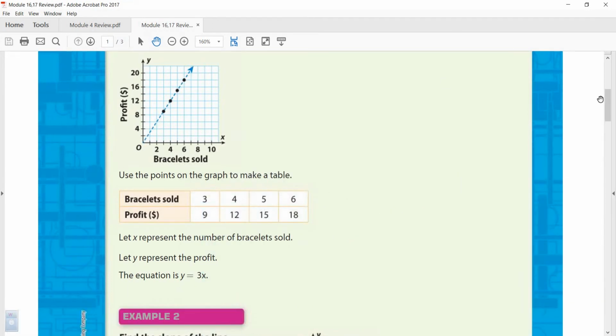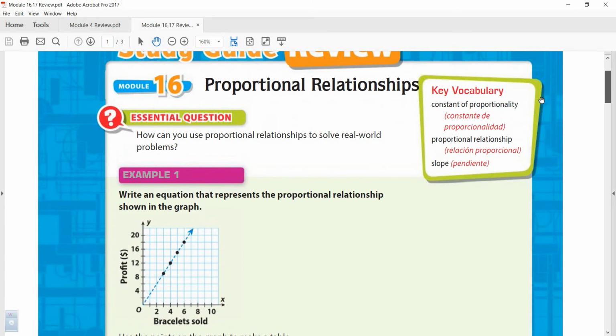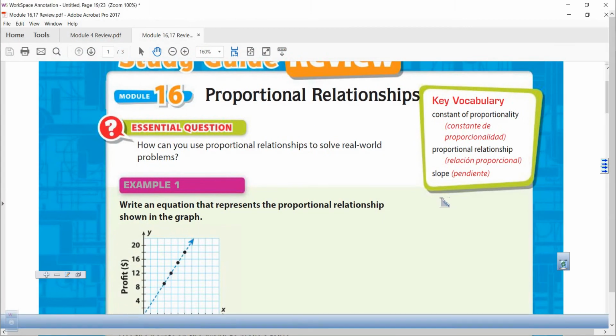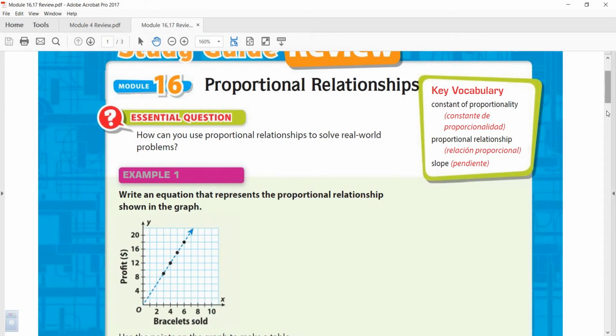Okay, so that's a quick review of those things right there: constant of proportionality, proportional relationship, and slope. And again, slope, I just want to remind you, is the constant rate of change. And because it is constant, that's why you get a linear relationship, okay?